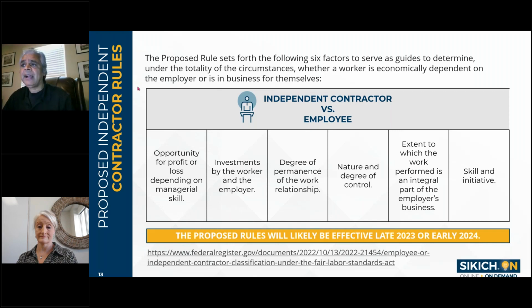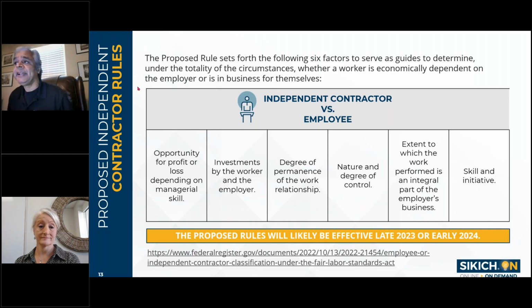What does that mean? Basically, if a worker can set or negotiate his pay, accept or decline a job, choose the order and time of performance, engage in marketing to expand the business, and hire others, purchase materials or otherwise invest in the business, the worker is more likely to be an independent contractor, okay? Which makes sense.